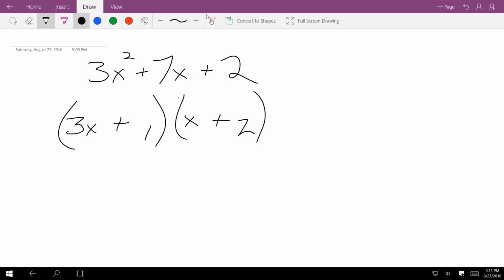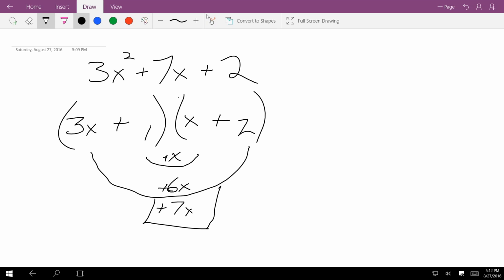So the only term that's in doubt is the middle term. How do you get the middle term? You get it from multiplying the 2 inside terms together and the 2 outside terms together, and then adding that together. Well, that gives you plus x. This gives you plus 6x. Add them together, you get plus 7x. That's our middle term, so we've factored it properly.